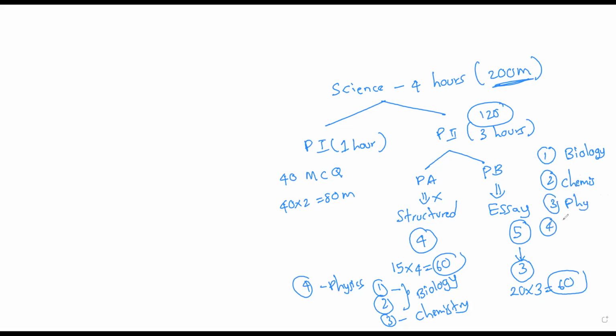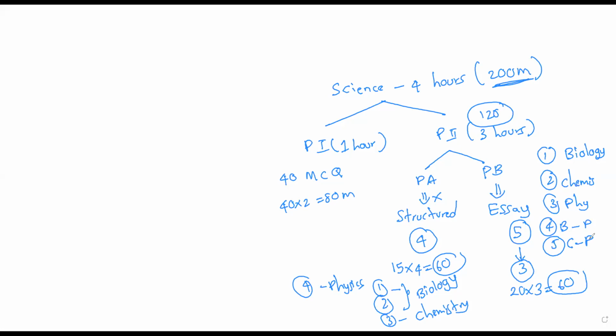The fourth one, you are going to get biology and physics. Like if you have A and B parts, A part will be biology and B part will be physics, something like that. Again, if you take the fifth question, the A part will most of the time be chemistry, and the B part will be physics. So this is how you are going to get it.